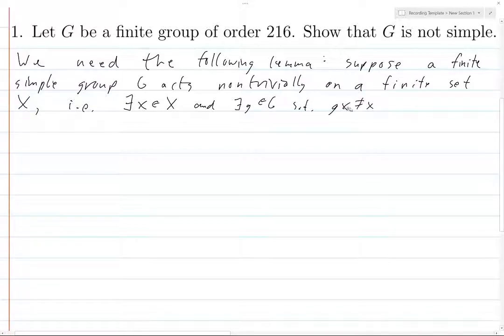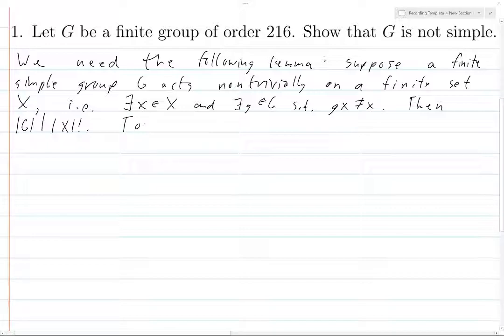I guess I don't really need to write that out, but I did anyways. Then the result is that the size of G divides the size of X factorial.